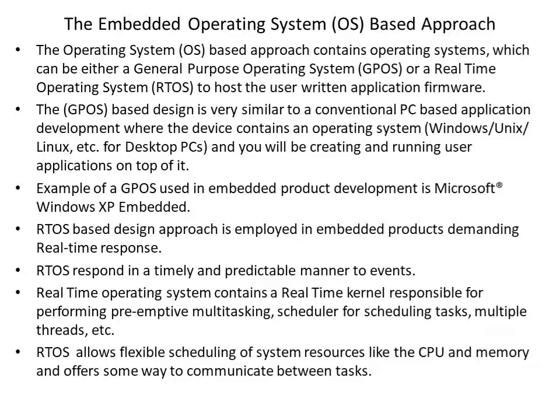With a real-time operating system, we can have flexible scheduling of resources like CPU and memory. And it will offer a way to communicate between tasks. If you are switching over from one task to another task, communication has to be established.